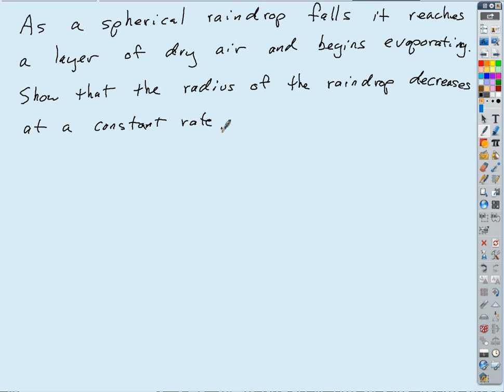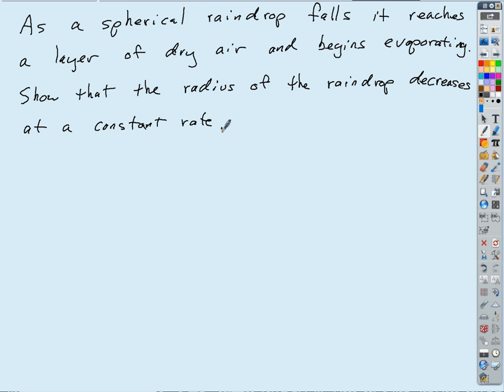Now, that's not at all obvious though, right? Because as the radius of the raindrop decreases, the volume is changing at a different rate. Changing from 101 centimeters to 100 centimeters is a drastically different change in volume than we'd see going from a 2 centimeter radius to 1 centimeter radius, right?